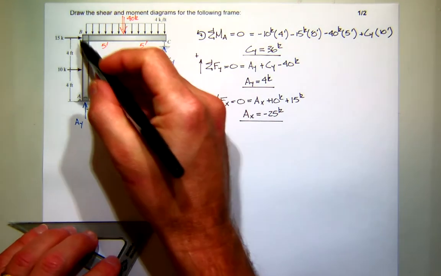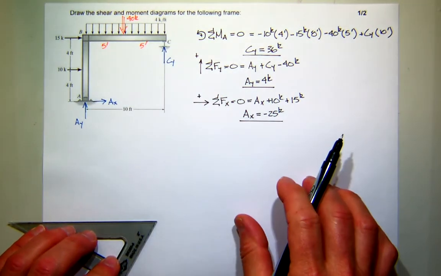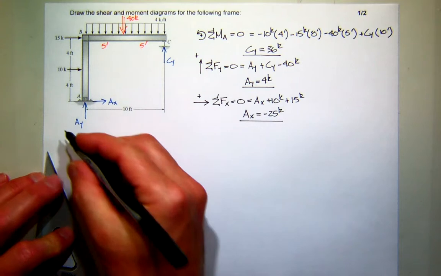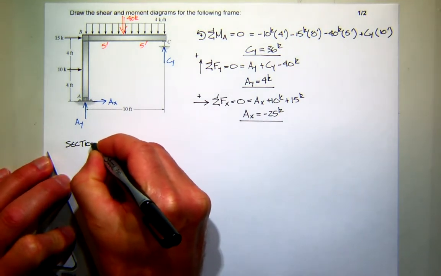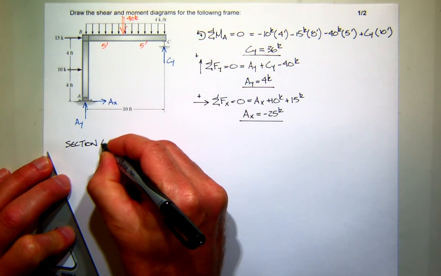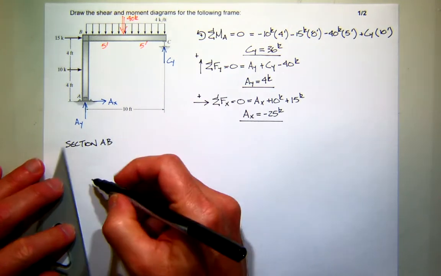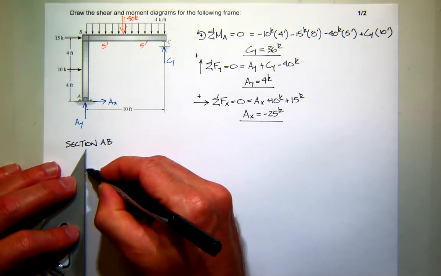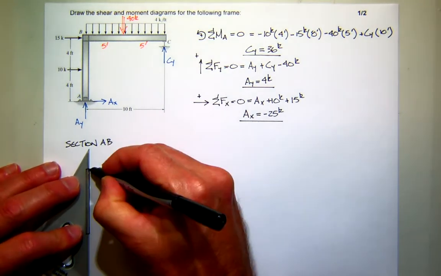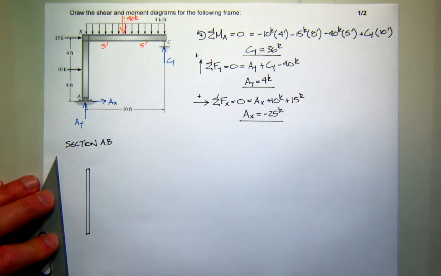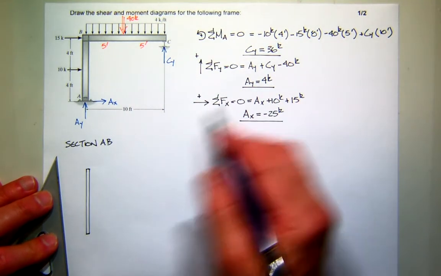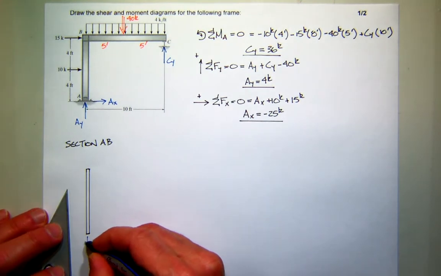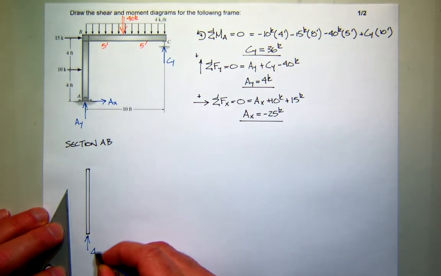Now let's break it apart. Let's look at section AB. So if I were to draw a free body diagram of that section, I'll start by putting my reaction forces on it correctly. So AY we saw as 4 kips, so I'll have 4 kips acting up.